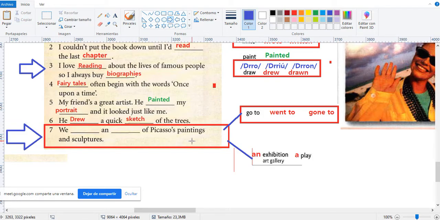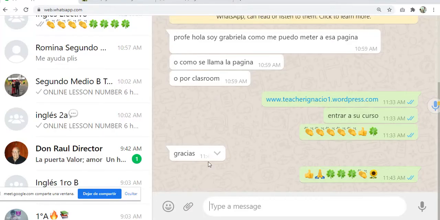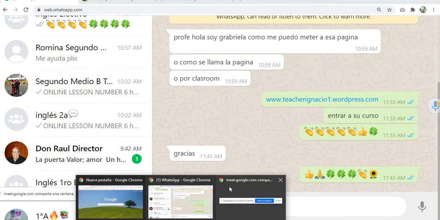Nosotros vamos a Picasso Paintings and Sculptures. Bueno, ojo que esto ya está disponible todos los días porque me gusta leer sobre las vidas de famosos. Pero la obra, esto de Picasso, solamente está disponible cuando yo voy a un museo. En realidad, está bien. It's really good, ¿ok? Está bien, Guillermo. Well done. Tienes toda la razón.